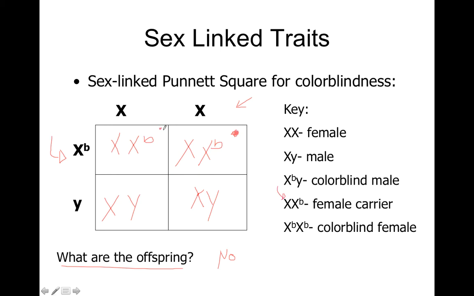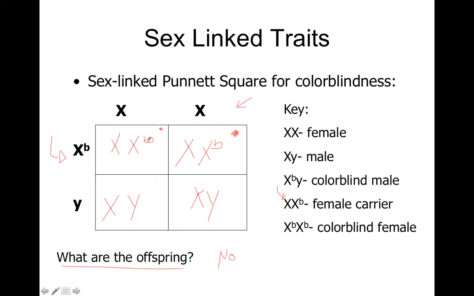This individual here is also a carrier. And then we have two normal males. So there will be no colorblind individuals. Now, if these two female daughters decided to have a child, they could potentially get colorblind children, but not at this time. So that is how you would cross something like this.